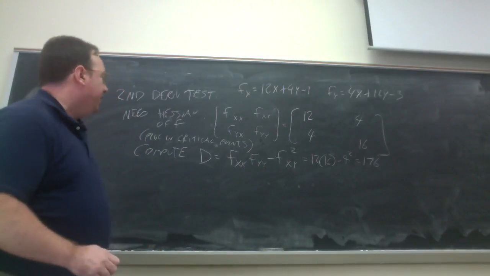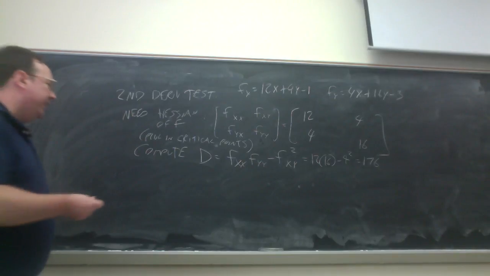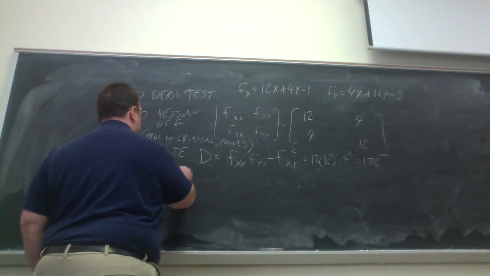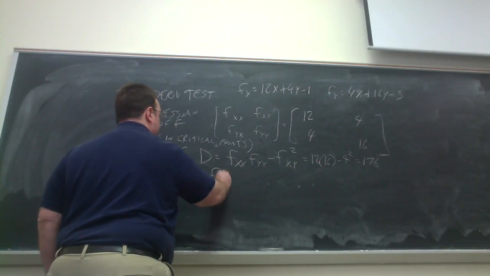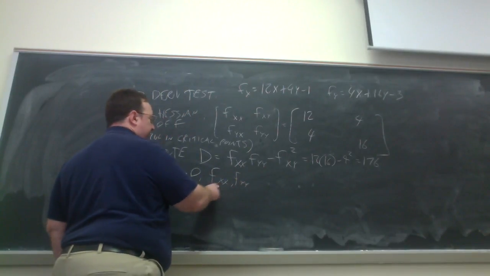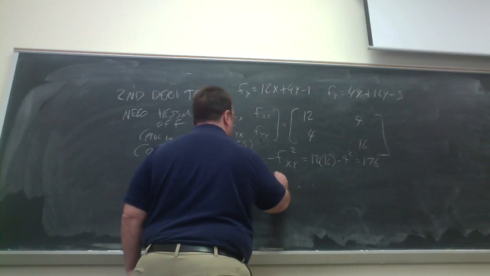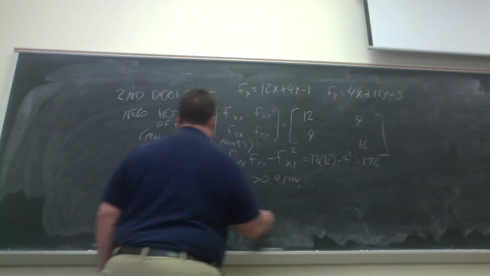Okay. Now, just to recap from last time, what do you do with that? If D is positive, and your partial derivatives of the same variables, xx and yy, are also positive, that is a min.